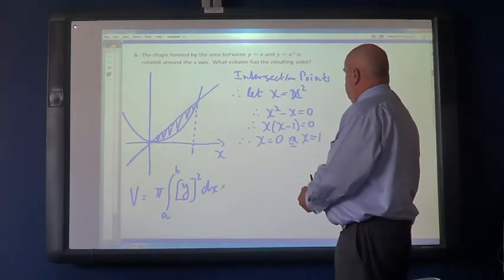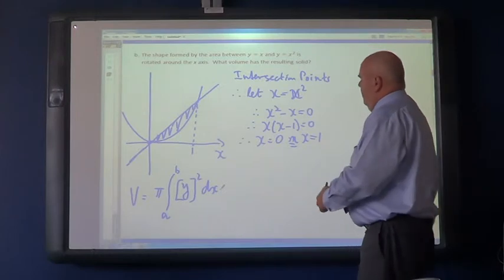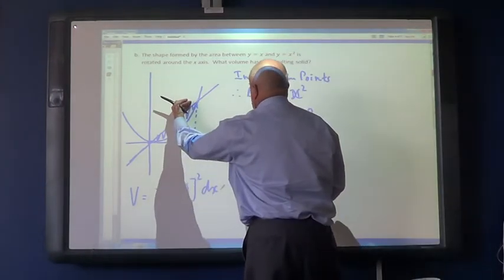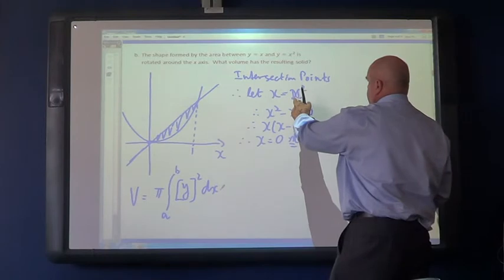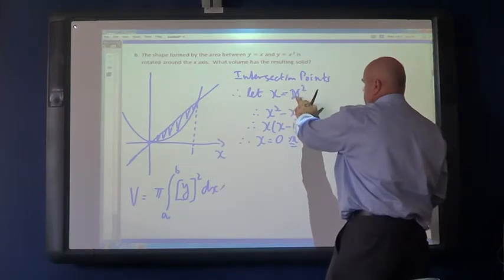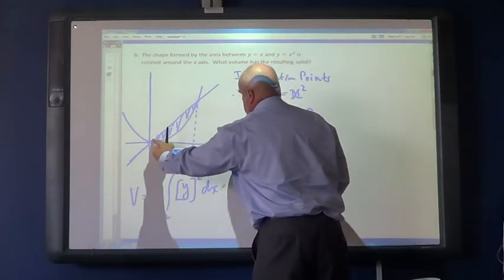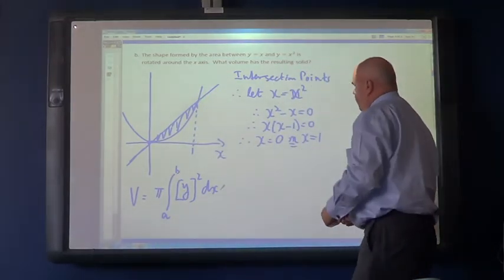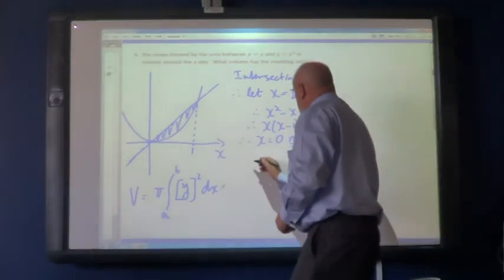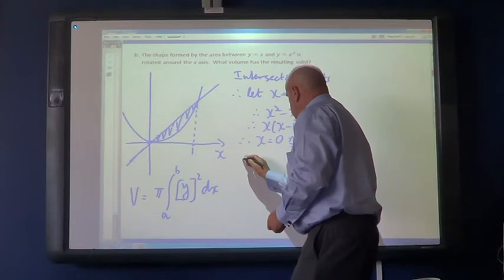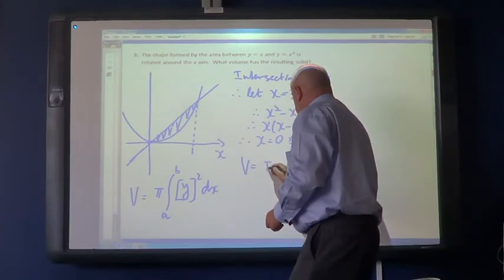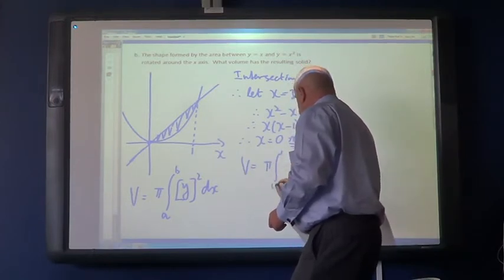So what do we do? Well, don't forget that we've got a line, which is the upper function, and the parabola, which is the lower section of what's being rotated around the x-axis. So what we need to do is say this: the volume is equal to pi, our limits are 1 and 0.